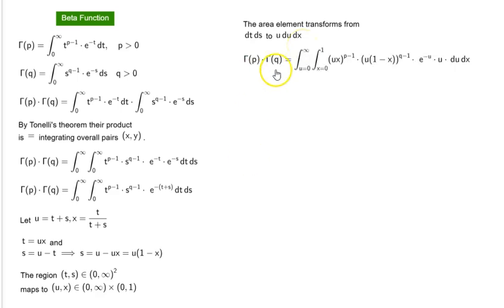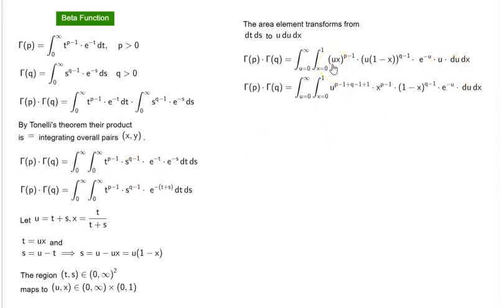Now gamma of p times gamma of q is equal to, let's do the substitution, integral u equal to 0 to infinity, integral x equal to 0 to 1 of (ux) to the power of p minus 1, because here t is ux, s is u times (1 minus x), so (u times (1 minus x)) to the power of q minus 1 times e to the power of minus u times u du dx. So here dt ds maps to u du dx.